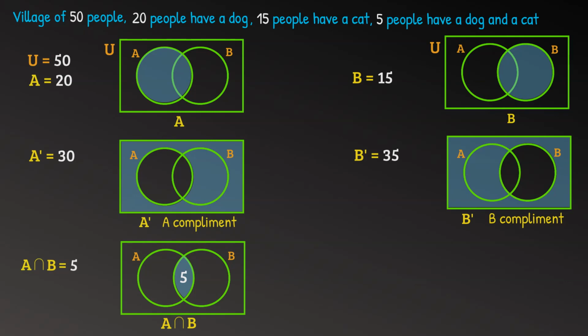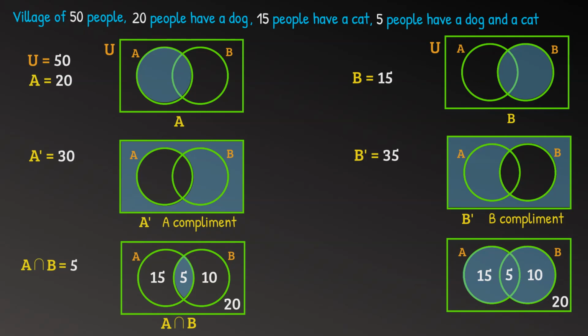For instance, we know A is 20, so if we write 15 in this part of the circle, then we know that 15 plus 5 would give us our 20 for A. And we know that B is 15, so if we write 10 in this part of the circle, we know that the 10 plus the 5 would give us our 15 for group B. And as the universal set is 50, and we've accounted for 30 people so far, we know that 20 people must be outside of the circles, and that represents the people who don't have a dog or a cat.